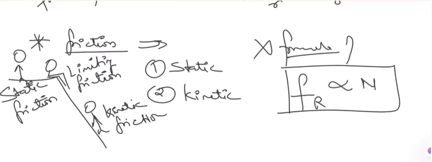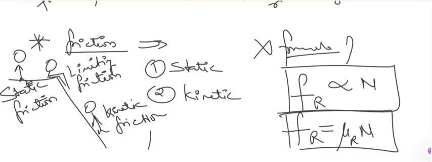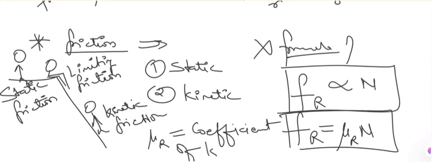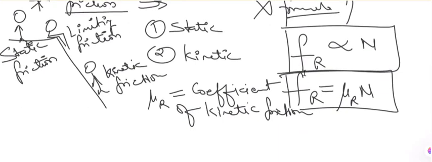Now when I convert it into an equal sign, this is mu_k into N. Now what is mu_k? Mu_k is basically the coefficient of kinetic friction. So basically the formula that you can apply is this.